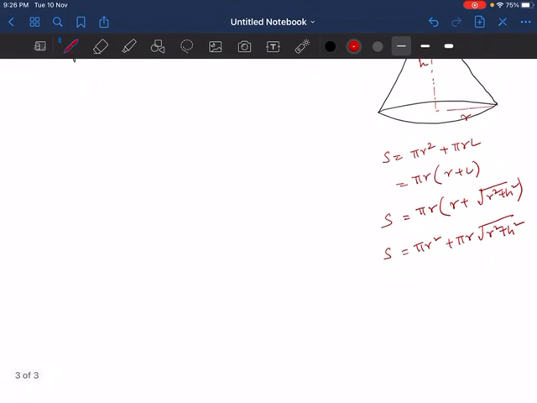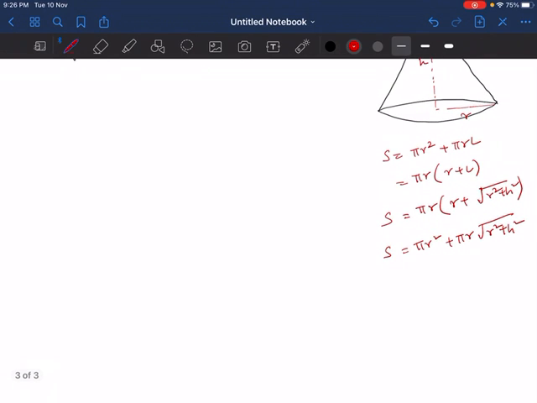So we'll try to represent h in terms of r. We have S minus pi r square divided by pi r is equal to root over of r square plus h square. First I have taken pi r square to this side, then divided by pi r.